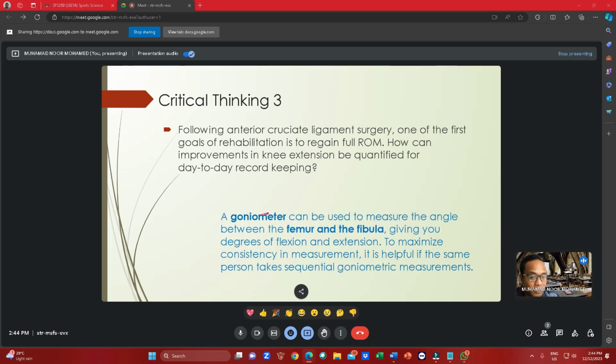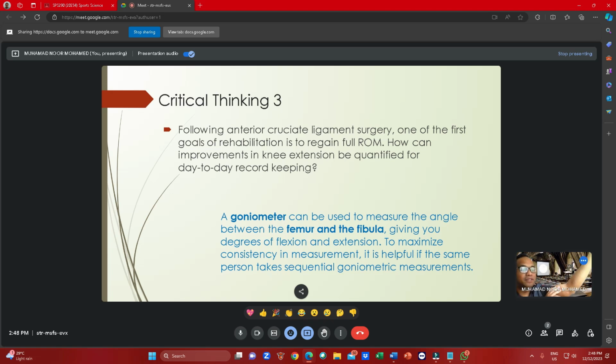A goniometer can be used to measure the angle. Like I said earlier, we take another example. We take our shoulder, we take our elbow. Let's say we go for flexor surgery. If before the surgery we were unable to do bending, then day by day, after the rehabilitation process, we can track the effect of surgery by knowing the angle of bending.